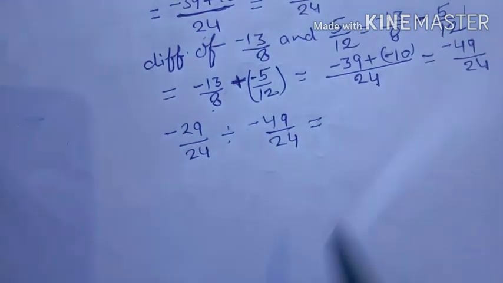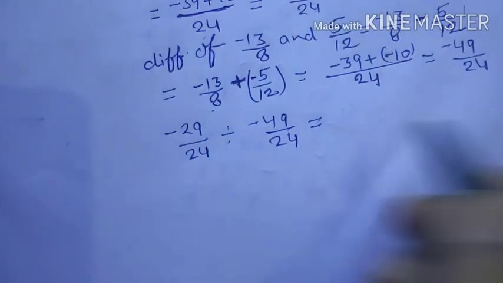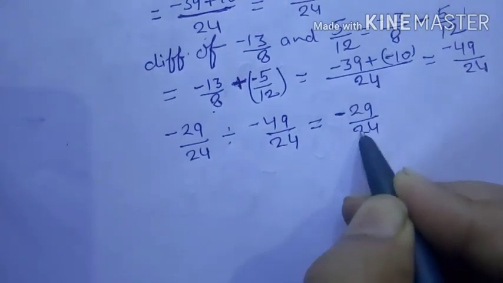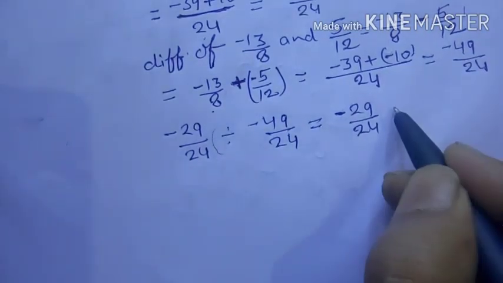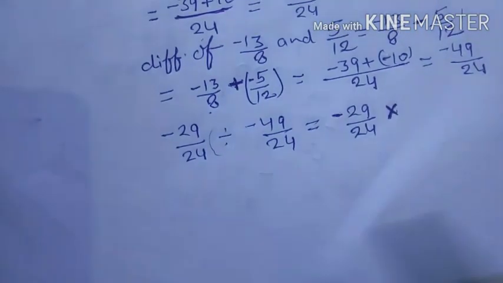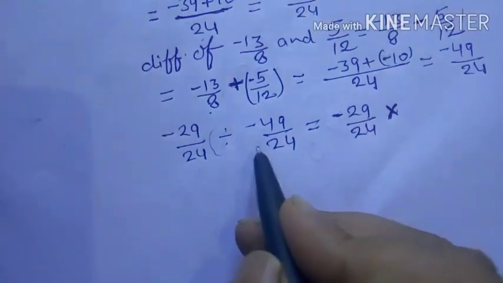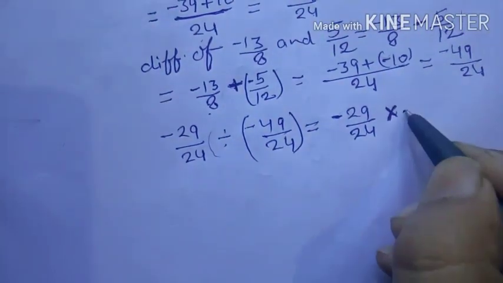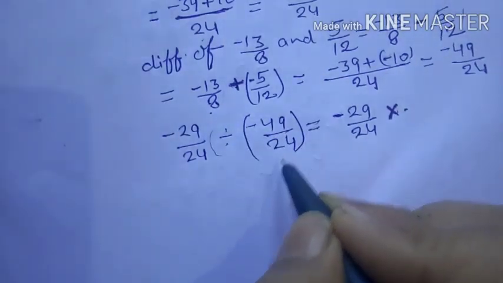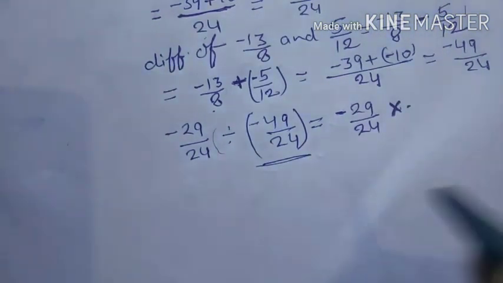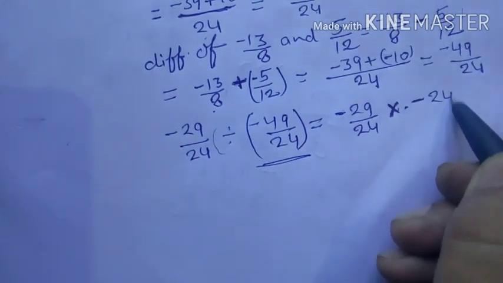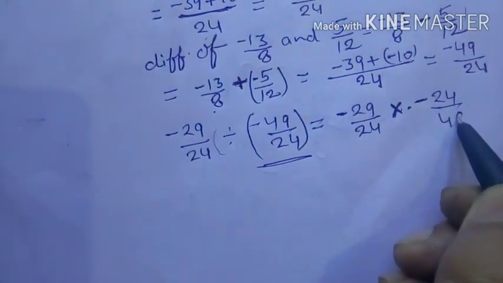As I have told you in previous classes, here we will write minus 29 upon 24, change the sign to multiplication, and write the reciprocal, the multiplicative inverse, of the second rational number. That is minus 24 upon 49.